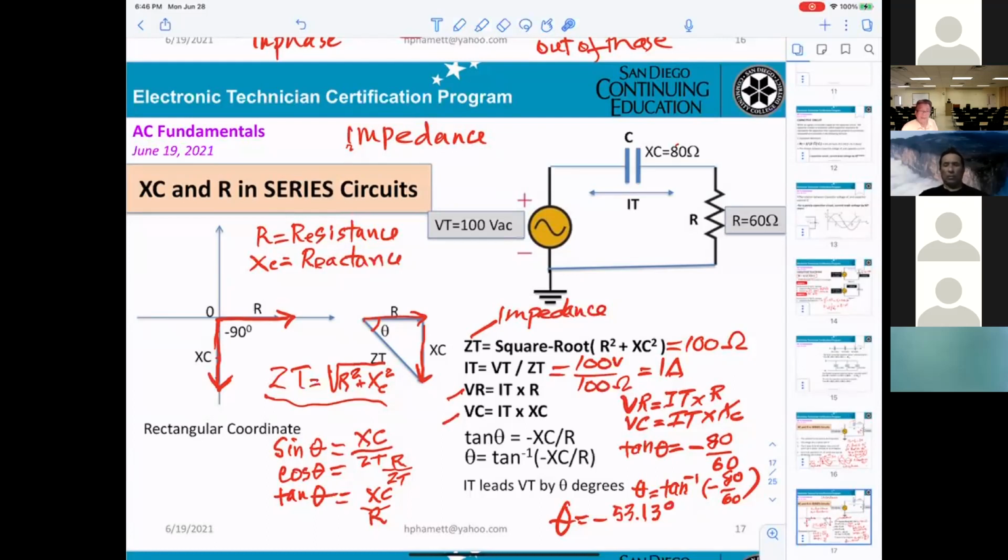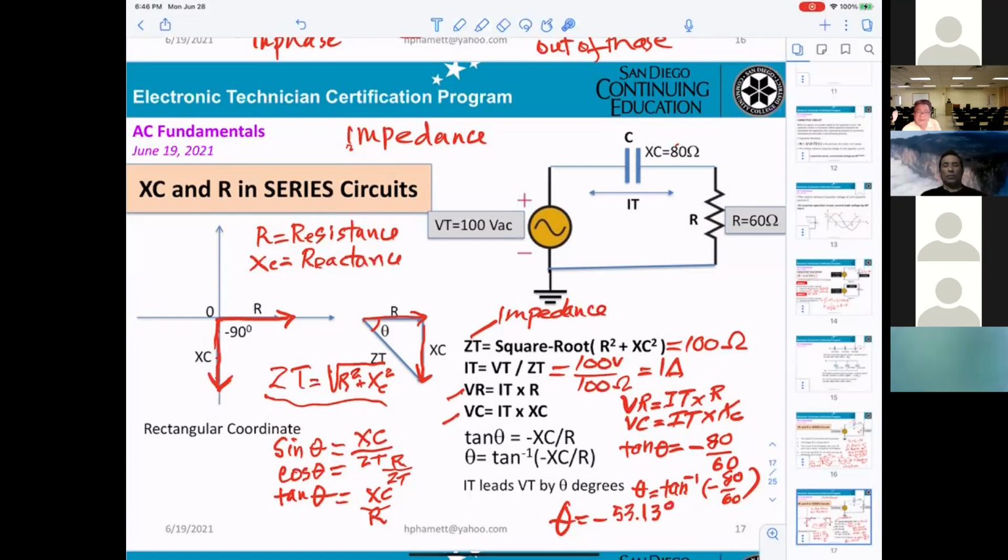That is only the phase between the total voltage and the total current. You know VR and IR are in phase. You know IC and VC differ by 90 degrees.